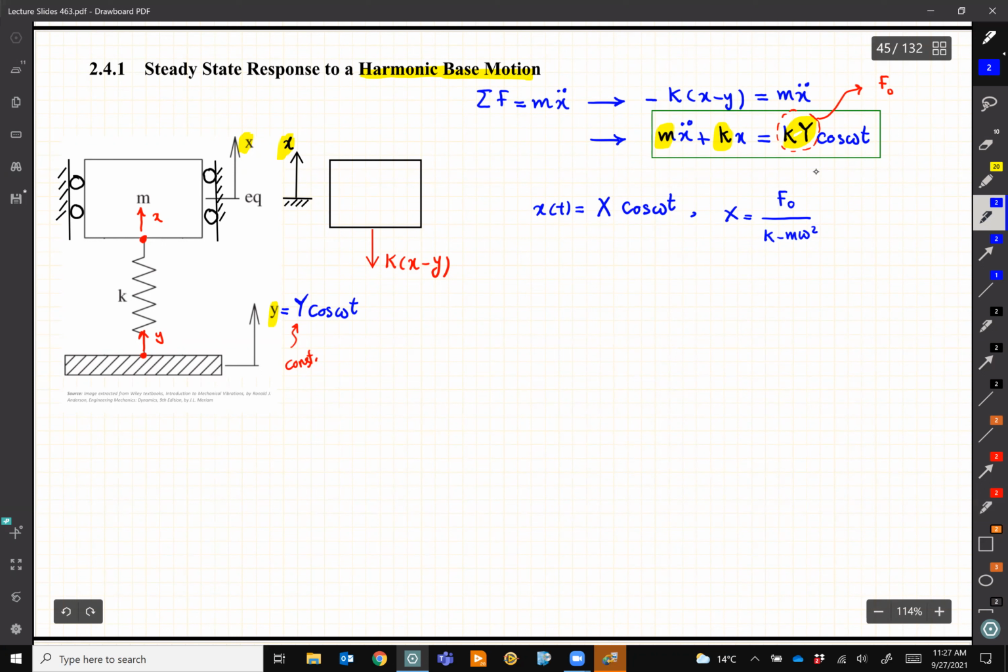Previously, when we solved this problem, I just need to replace F0 by k Y, and this is k minus m omega squared. So if I simplify it a little bit, I can write down X over Y is 1 over 1 minus omega over omega n squared. All right, X over Y, we divide by k, yes.